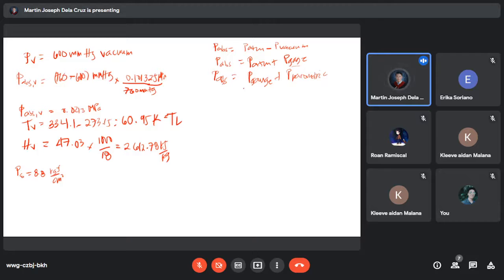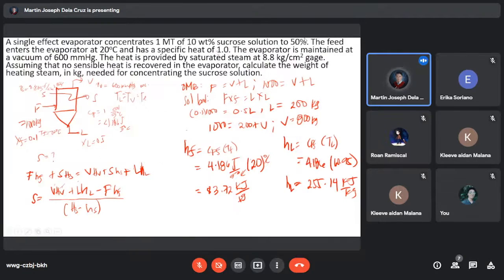Okay? So, and take note na naka-gauge siya, no? So, you take note class na gauge, dapat mag-add tayo ng 1 atm para maging absolute siya. Okay? So, dapat pag naka-pressure yung given class, dapat absolute lagi yung given class. So, but in here, naka-vacuum tayo. So, nag-minus tayo from your PATM.